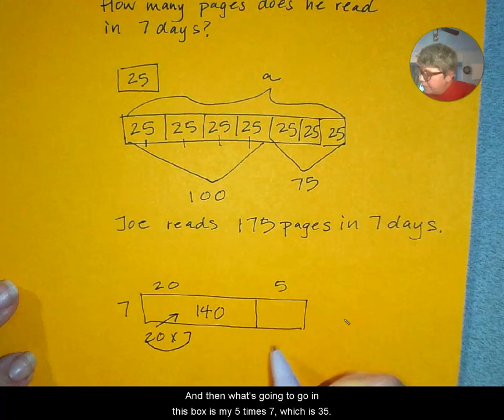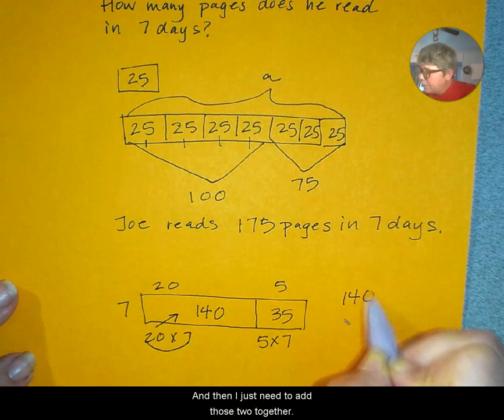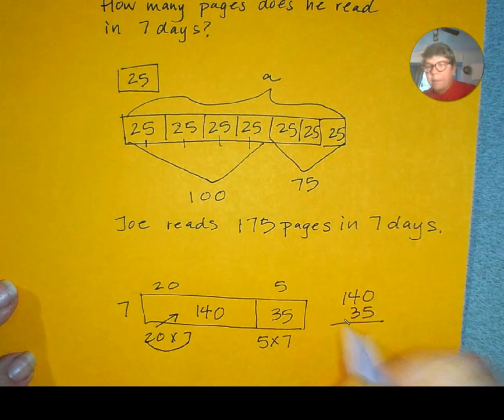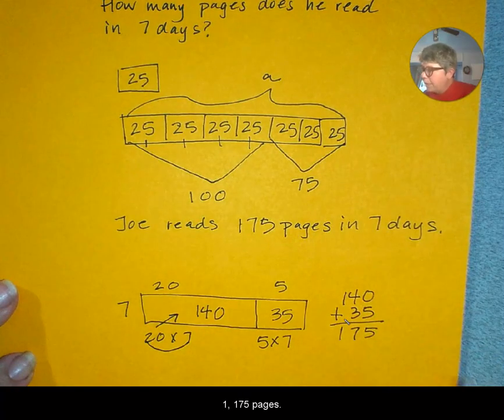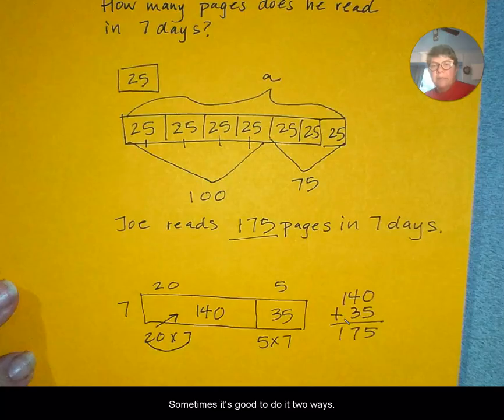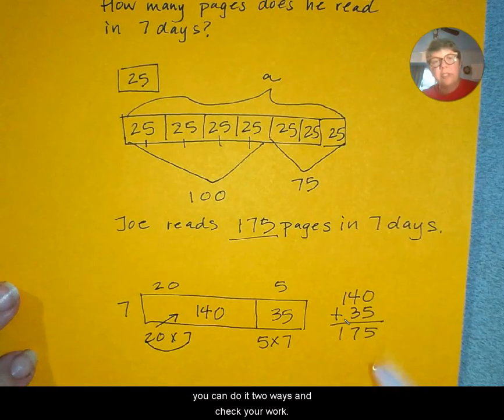Yep. And then what's going to go in this box is my 5 times 7, which is 35. And then I just need to add those two together. 5, 7, 1. 175 pages. Sometimes it's good to do it 2 ways if you're not exactly sure or confident in your math. You can do it 2 ways and check your work.